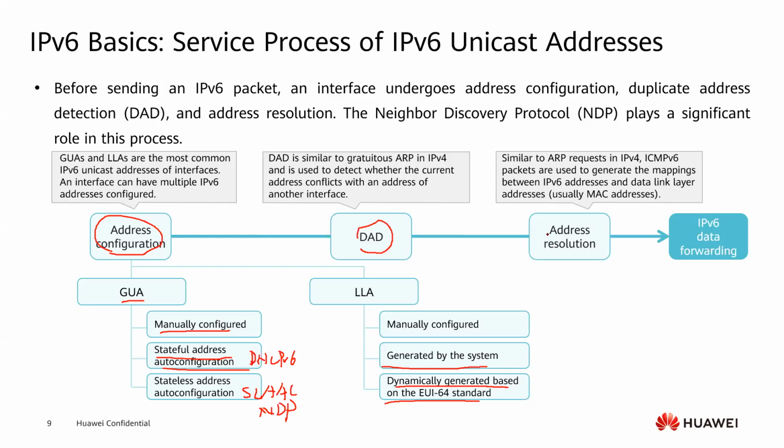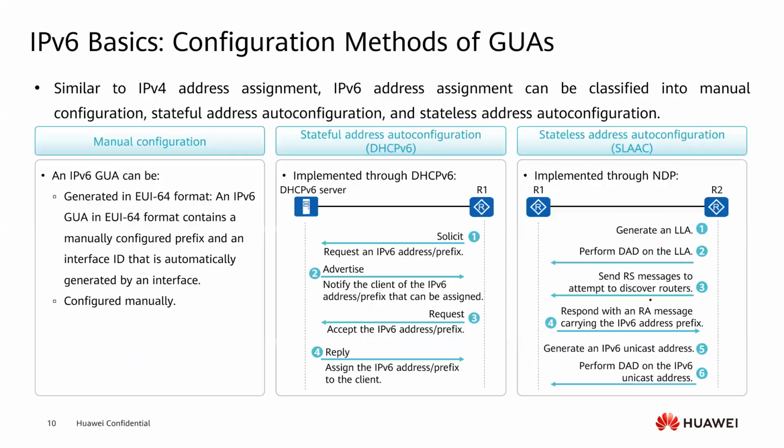Before that, you need to do the address resolution, just like ARP, to get the match between the IP and the MAC address, and then you can do the IPv6 data forwarding, just like IPv4.